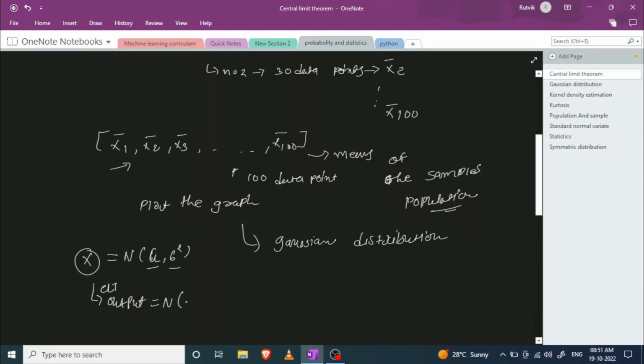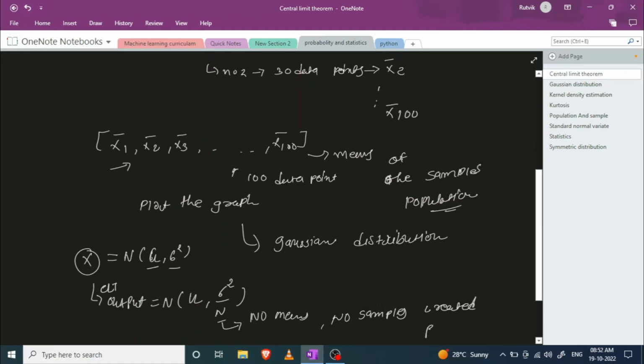The mean will be the same, whereas the variance sigma squared will be divided by n. Now the question is, what is n? The n means the number of samples that we created from the population.